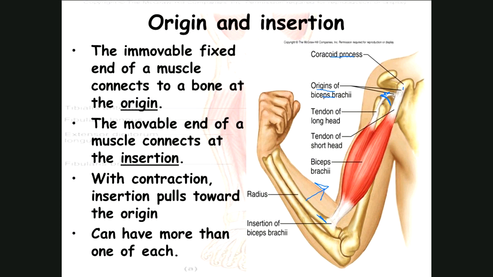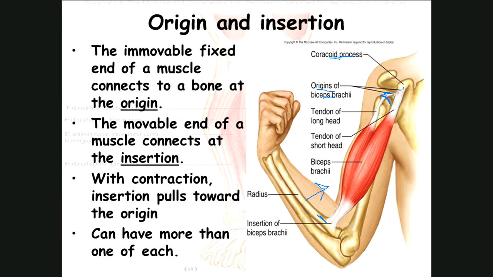So the origins of the biceps brachii are at the region of the coracoid process and also the supraglenoid tubercle of the glenoid fossa. And the movable end is along the radius.